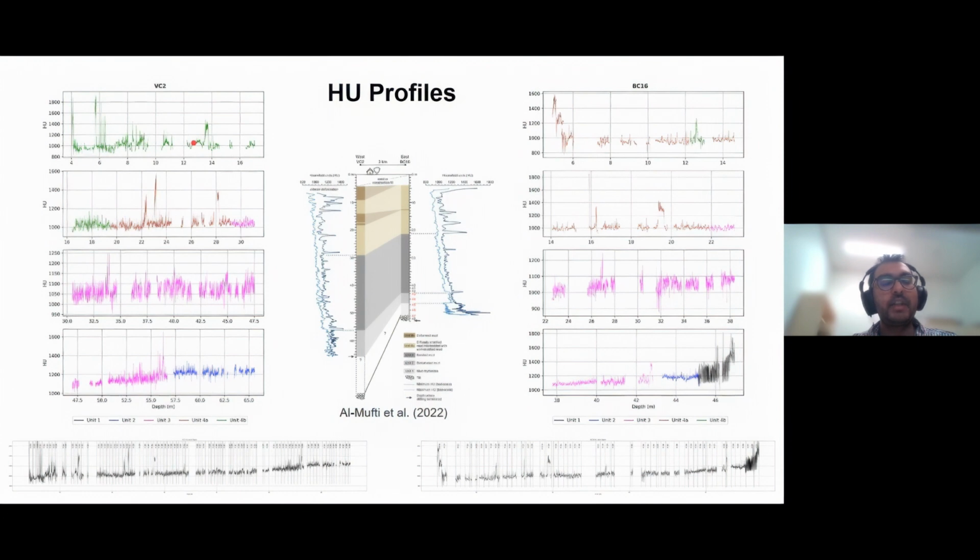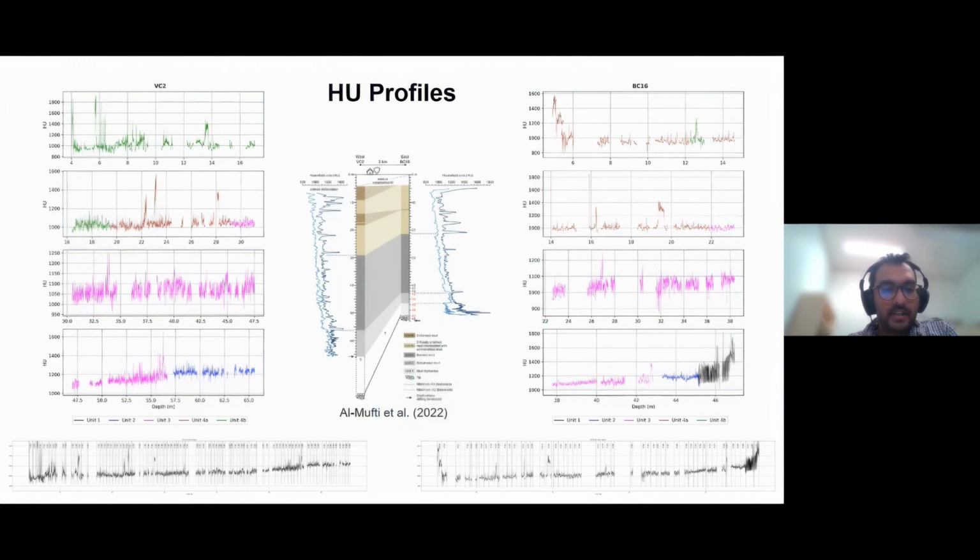We tried to circumvent this by using geophysical logs, trying to exploit the correlations between the geophysical logs and the HU profiles in the sections where we have HU values or CT scan images. But the correlation and the sampling interval between these two complementary methods, CT scan data and geophysical logs, seem to be not that good, so we had to give up on that.